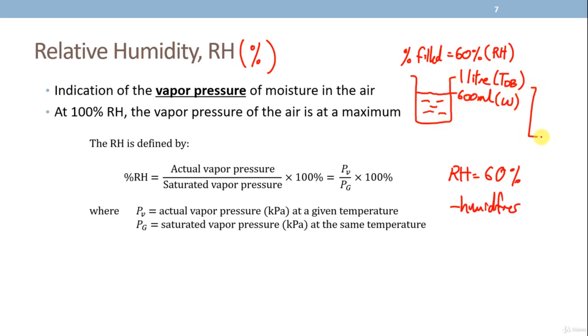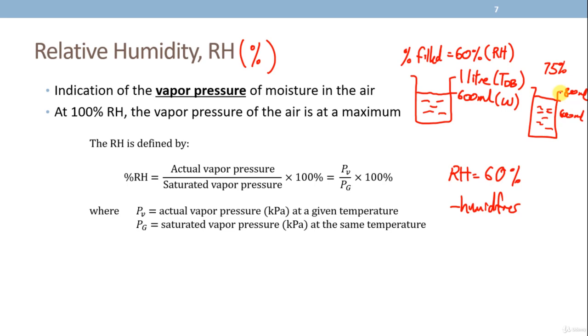For example, if my container size is downsized until 800 ml, and the amount of water is still the same, that means you don't add any water inside, the percentage filled becomes 75% automatically.